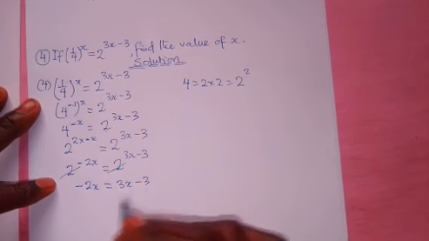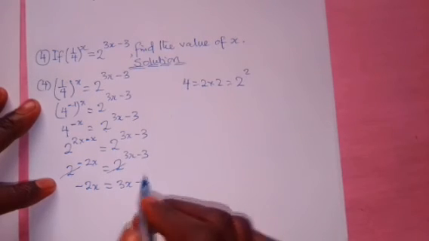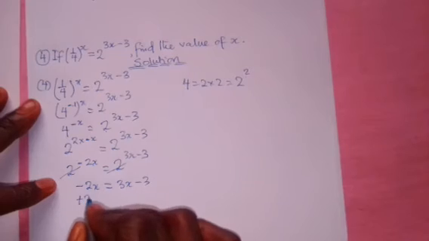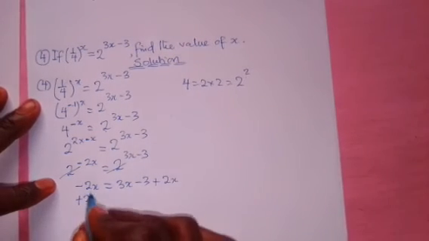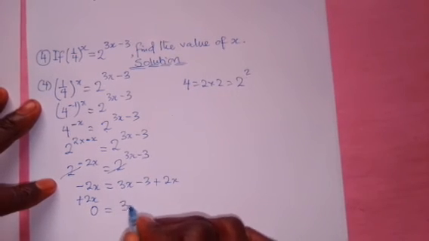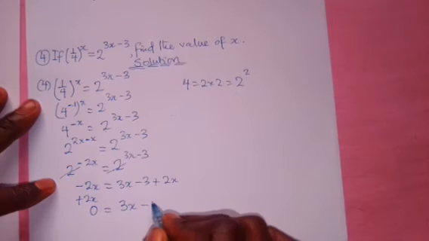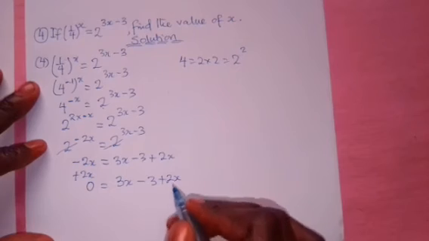Let us move this minus 2x to this place here. So if we add 2x to both sides, here we shall have 0 equals 3x minus 3 plus 2x.